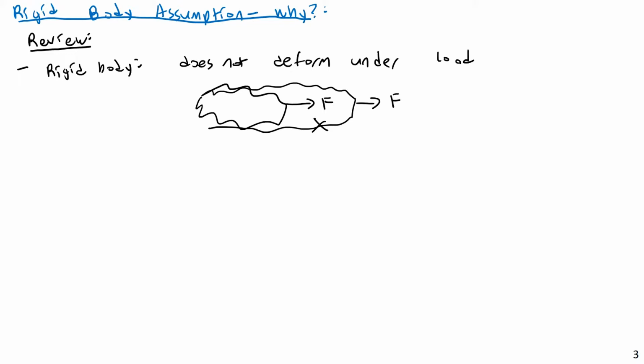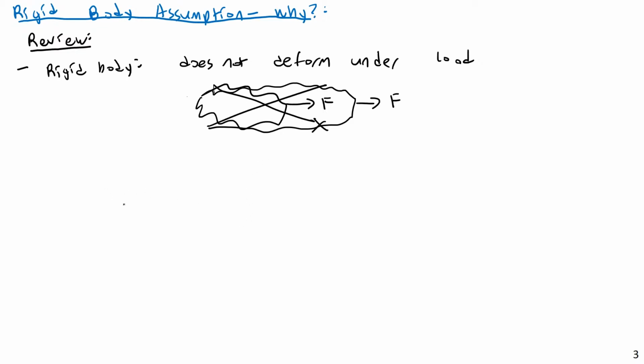It would still experience some deformation. It doesn't matter how strong your object is or how low the force is, even the slightest force applied to the strongest object still produces some non-zero change in shape. So this is not the case in real objects.